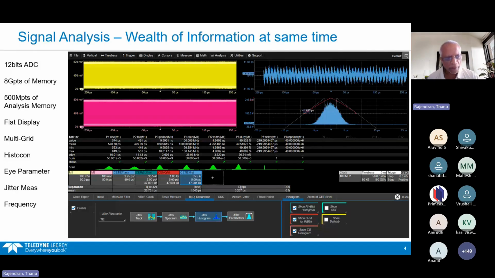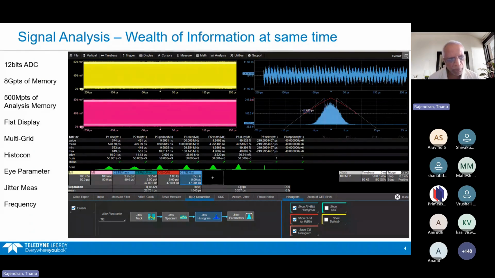So any scope vendor, though they give you a very large memory for capture, will have a limited analysis memory, which is called the post-processing through the DSPs that we have in the scope, and that would be limited to 500 megapoints. And 500 megapoints is still a huge number, because all the protocol standards that we have in the industry, like PCI Express, USB, or any of those standard protocols, have only 32 million points as a compliance capture time.